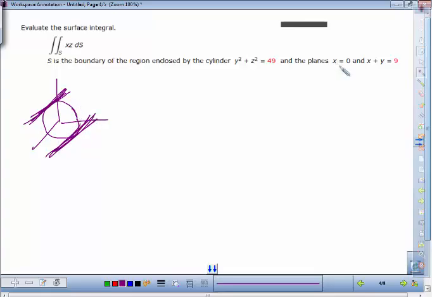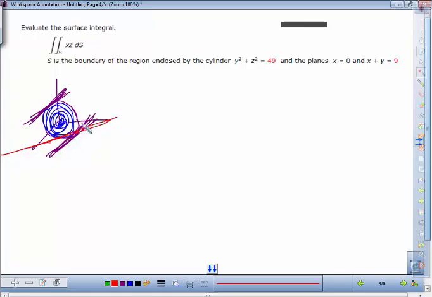Now, I have x equal to 0 as one boundary, and then I have x plus y equal to 9. It's a plane.